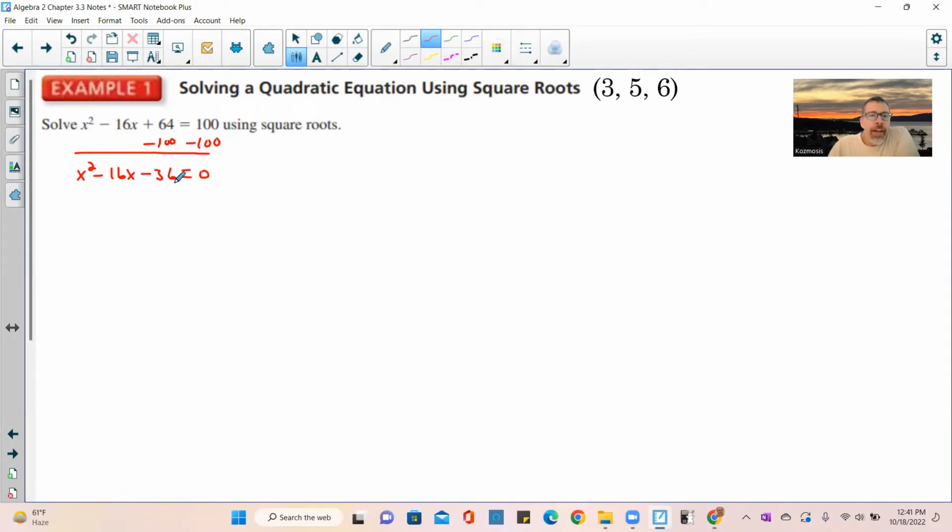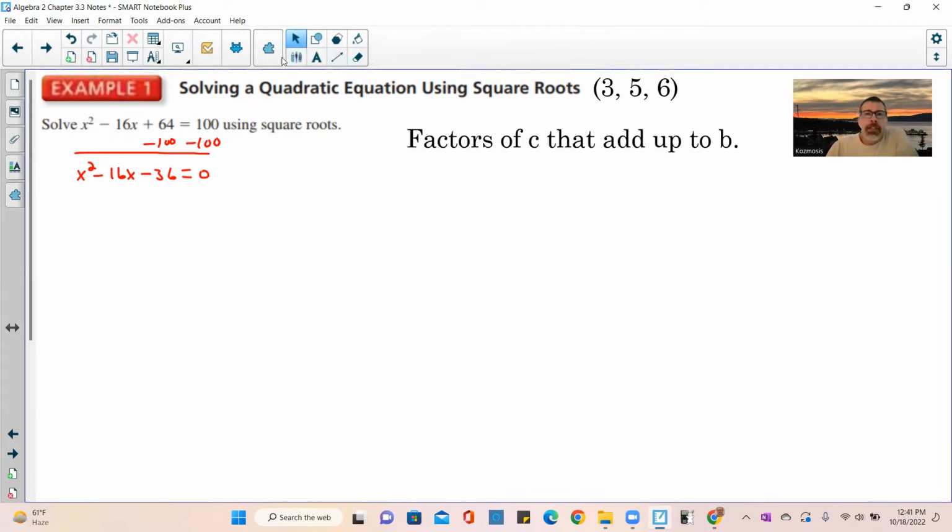Now I want factors of c that add up to b. That sounds familiar, have I said that before? Factors of c that add up to b. So I want factors of negative 36 that add up to negative 16.